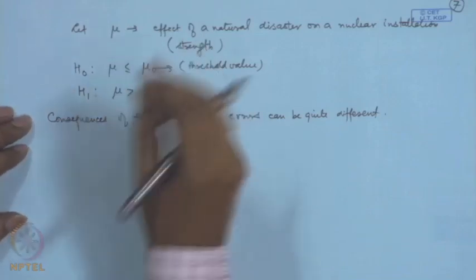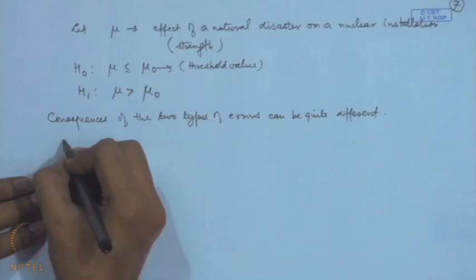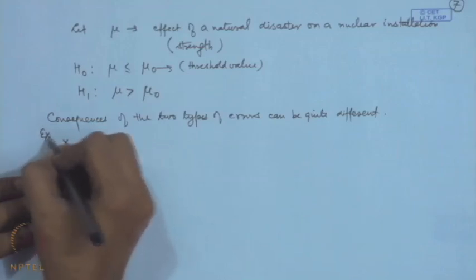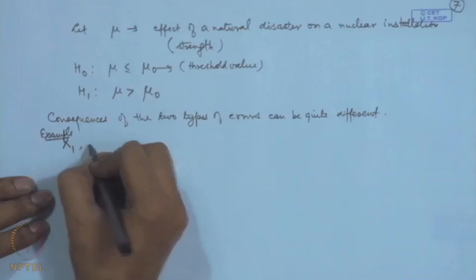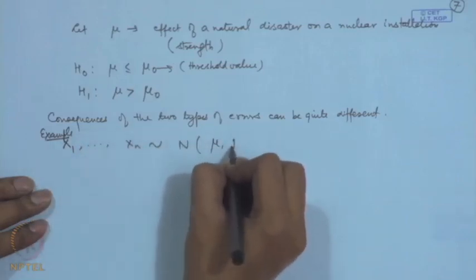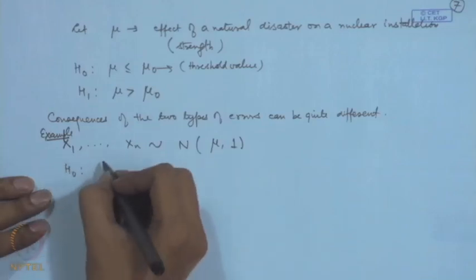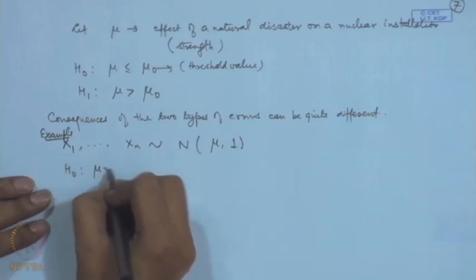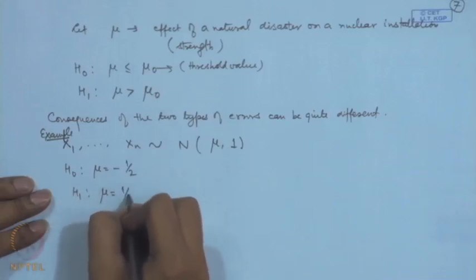Let us consider the example that we took earlier. Let us look at the relative values of this. So, consider, say, X1, X2, ..., Xn following normal(mu, 1), and our null hypothesis is mu equal to minus half, H1: mu equal to plus half.